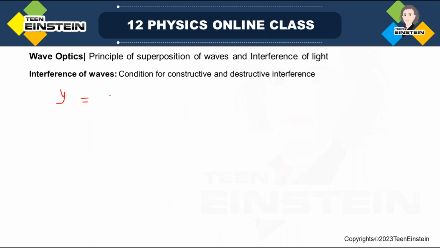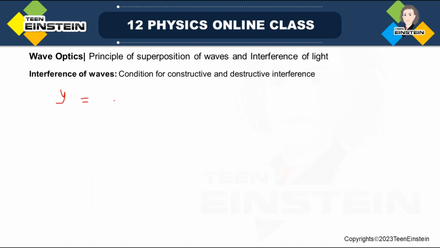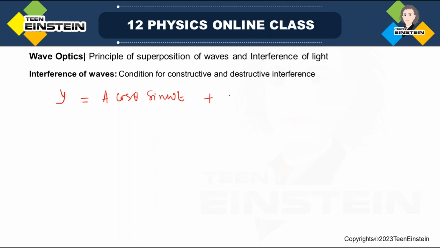Now look, if we put it here, what will we get? The resultant one will be, since this term we have taken as A cos theta, we'll write A cos theta sin omega t. Similarly, this a2 sin phi we have taken as A sin theta, so we'll write A sin theta here, and cos omega t was there already.